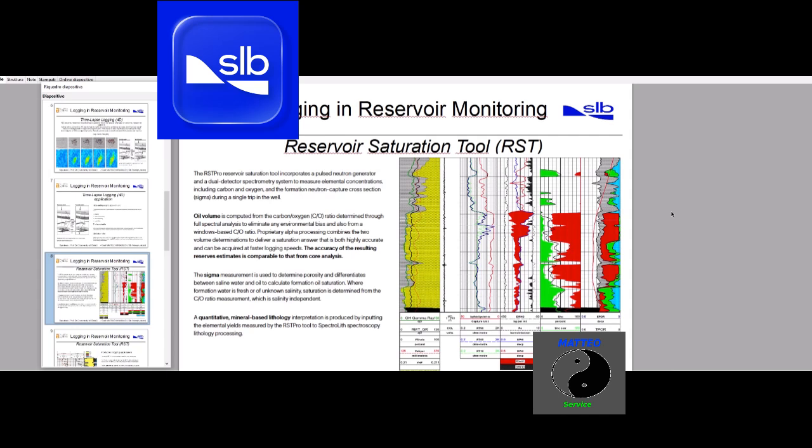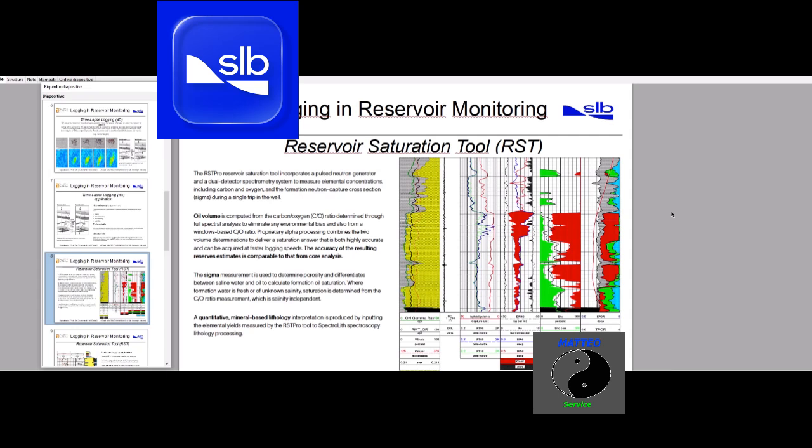The sigma measurement is used to determine porosity and differentiates between saline water and oil to calculate formation oil saturation. Where formation water is fresh or of low salinity, saturation is determined from the C/O ratio measurements, which are salinity independent.